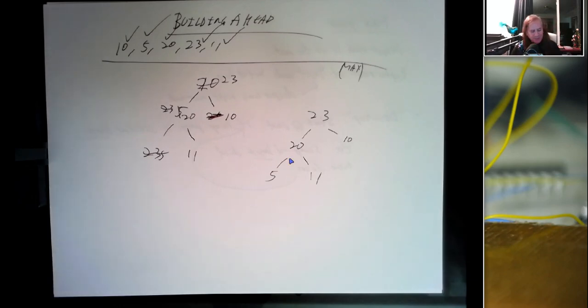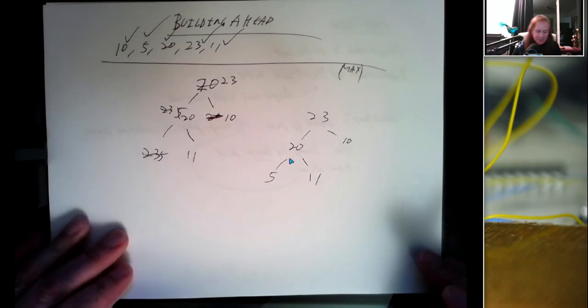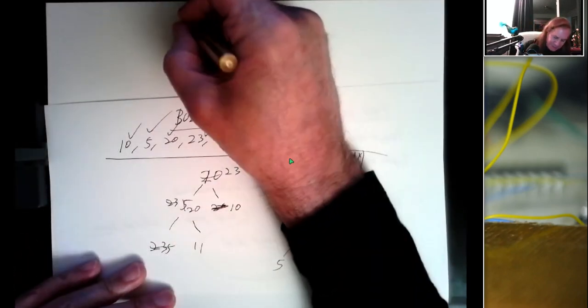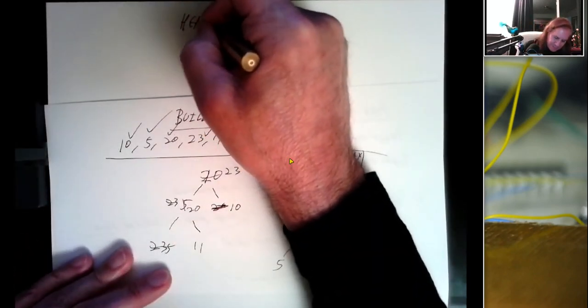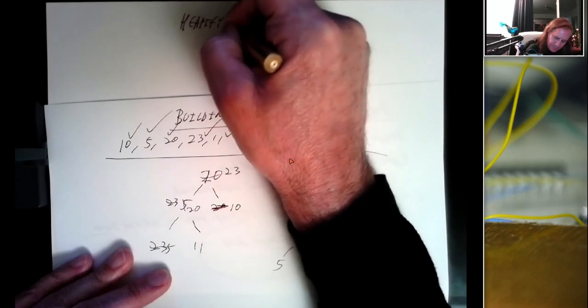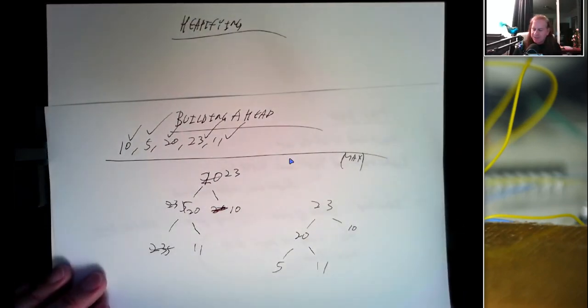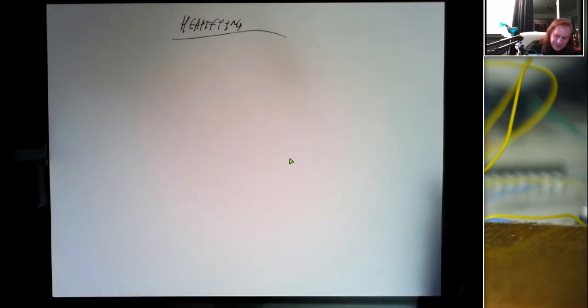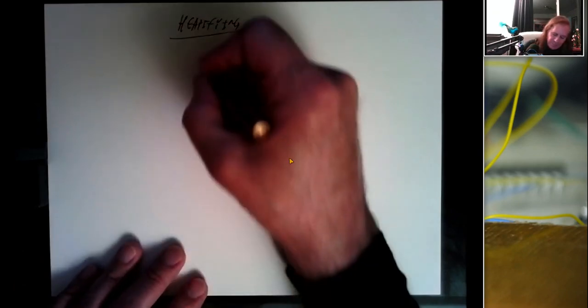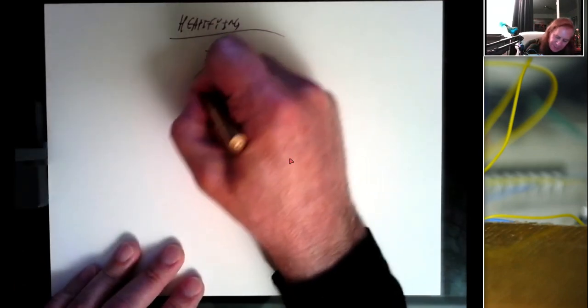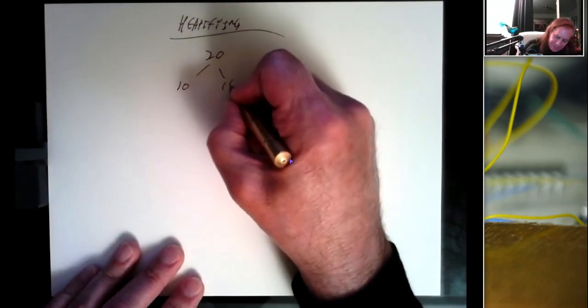But there's a process we can use for building a heap, which is called heapifying. And heapifying works like this. Suppose we want to build a heap containing a set of numbers. Well, we just take those numbers and we put them in the shape of a heap.